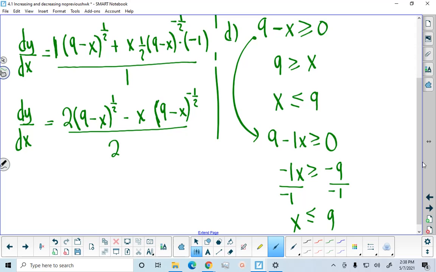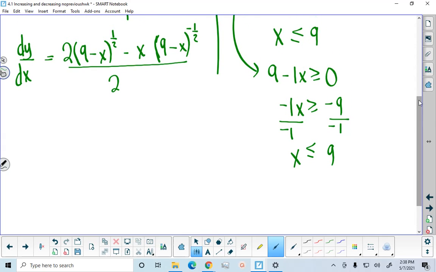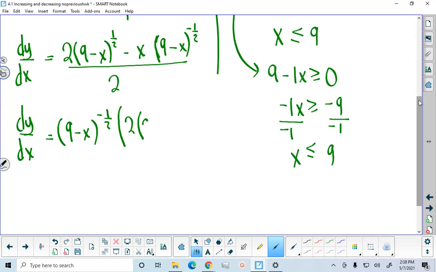Now what I have to do is factor out the 9 minus x to the negative exponent, which will give me dy/dx equals, I'm going to take out 9 minus x raised to the negative half, and then I'm going to have left 2 times 9 minus x raised to the 1, because when I add that exponent of 1 to the exponent of negative half that I factored out, I'm going to go back to the exponent that I started off with, which was 1/2.